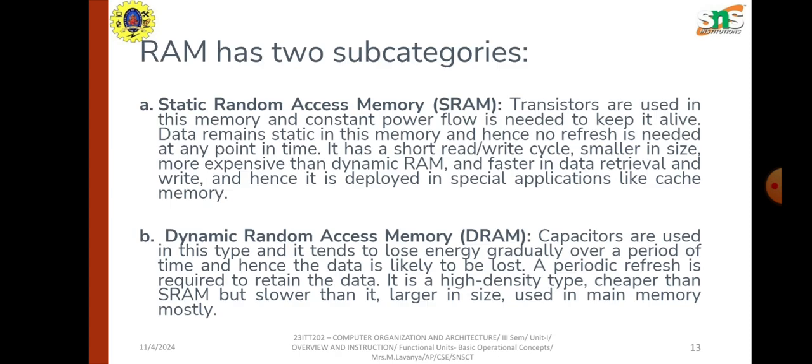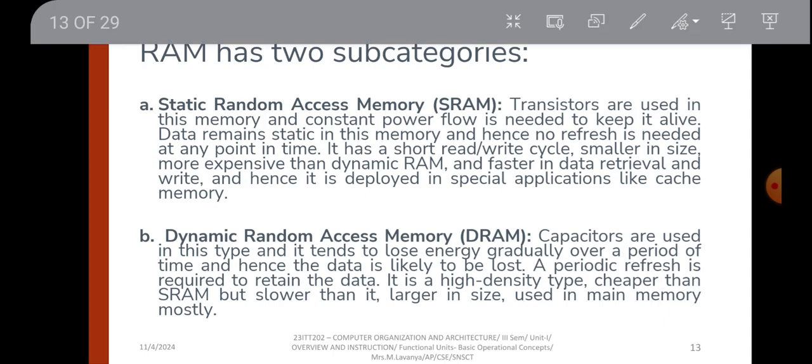And there are two categories of RAM. One is static RAM, another one is dynamic RAM. In static RAM, the data are not changeable, whereas dynamic random access memory is comparatively slower than static RAM.